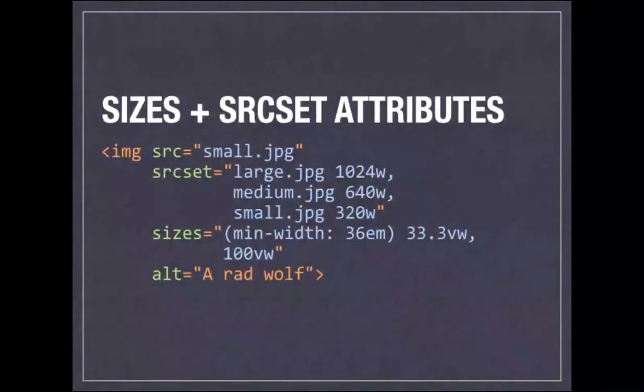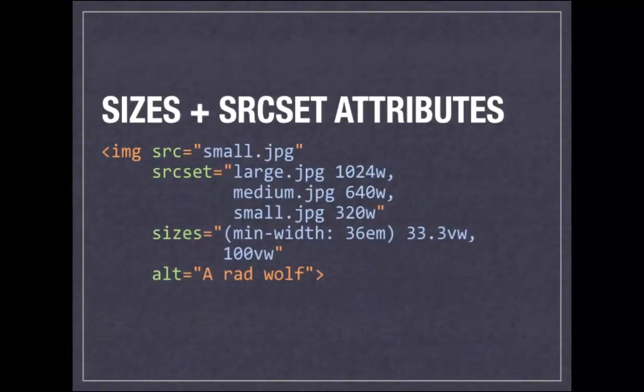But for a lot of people, what we really just want to make sure, at the very basic level, is that we have a larger photo file available for large screens, and a smaller photo for smaller screens. And for that, you only need an image element, an IMG element. Then you can use these new attributes, srcset and sizes. Srcset, like we saw in the picture element, is giving you different options.